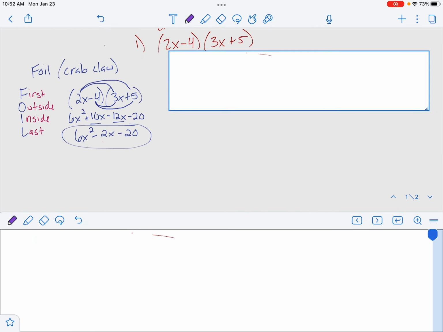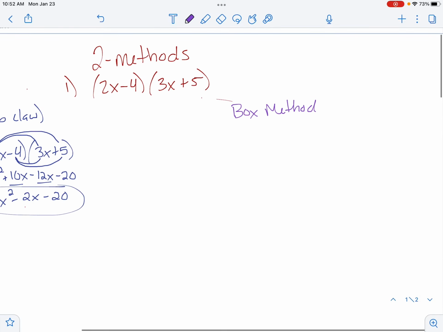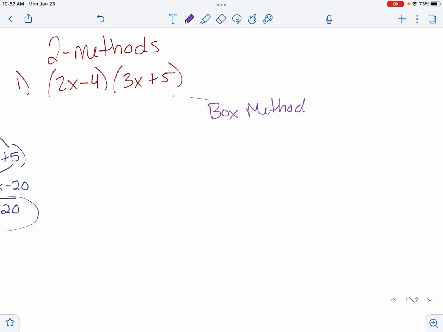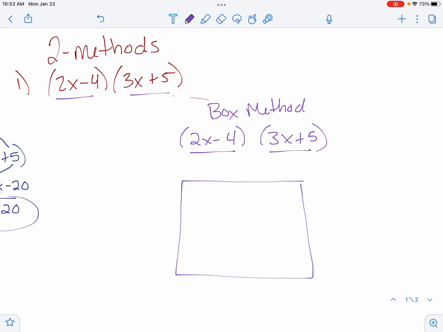Now the other method is the box method. For this one, you're going to draw a box that's going to be the same size as the problem. So if my problem is 2x minus 4 times 3x plus 5, I have two terms by two terms.